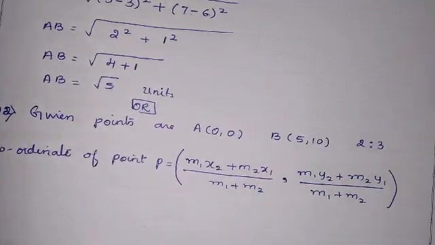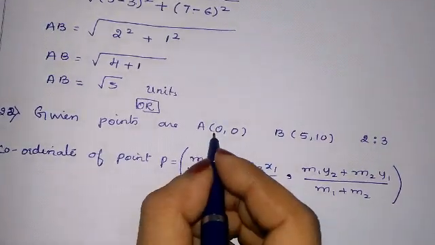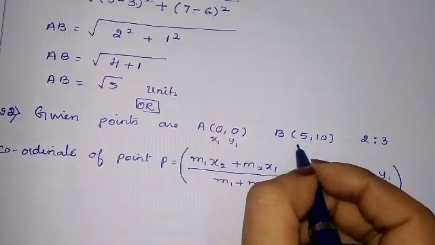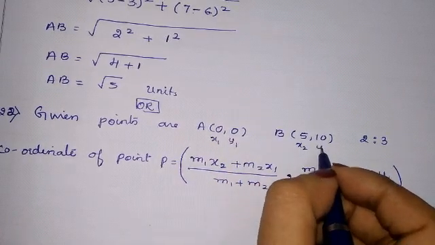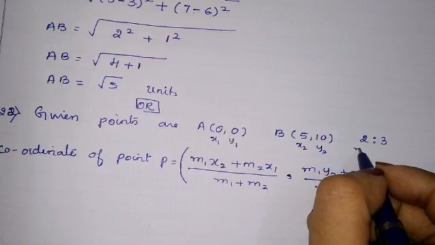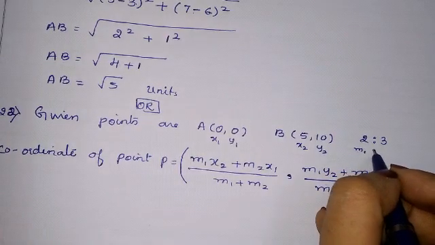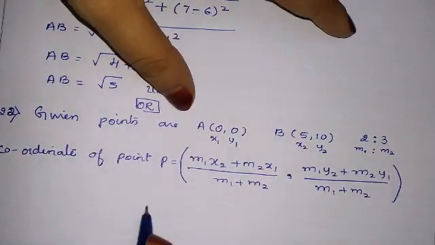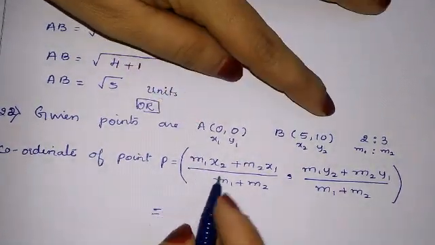So let us consider now all values. First point is x1, y1, second point is x2, y2, and we'll consider this ratio first, m1 is to m2.